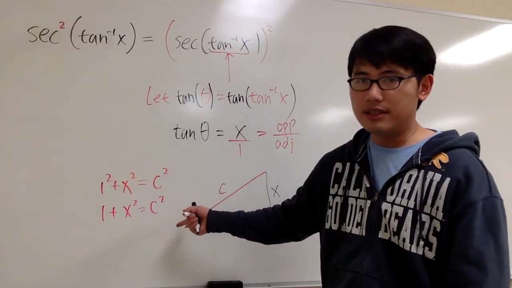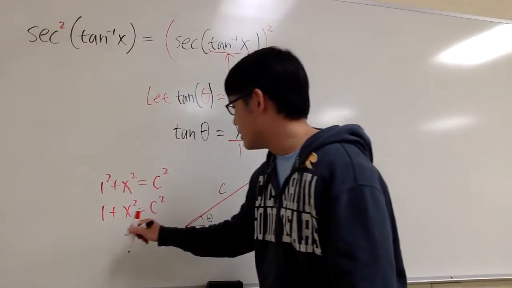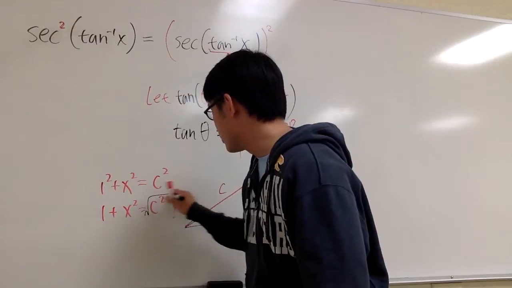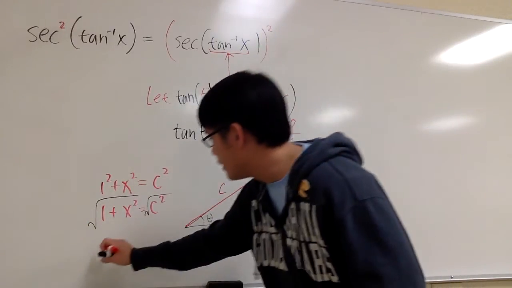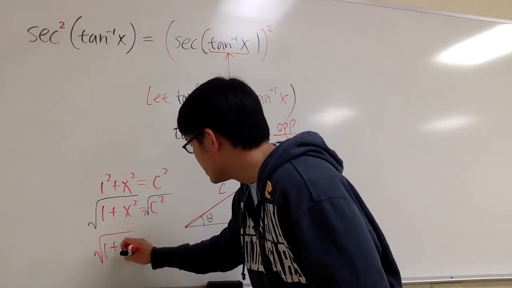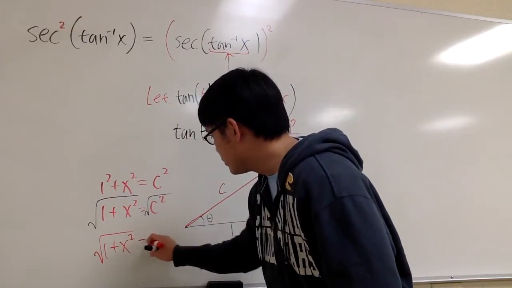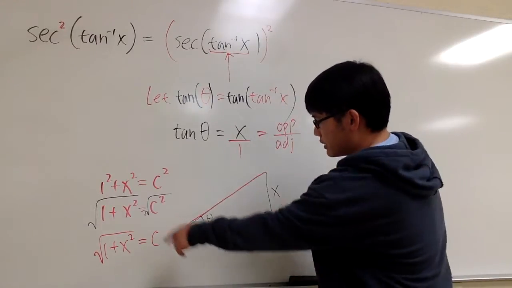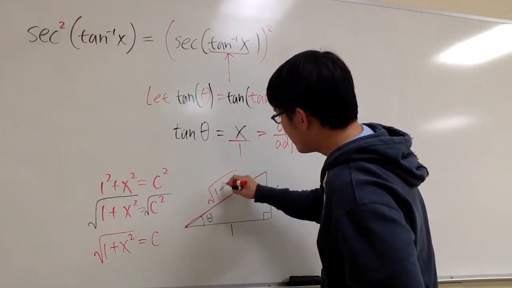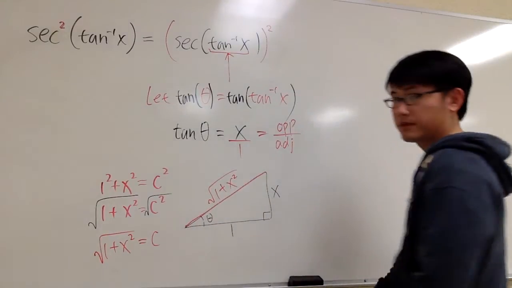To isolate c, I can just square root both sides. Take the positive square root, and we have the square root of 1 plus x squared is equal to c. So in other words, c is equal to the square root of 1 plus x squared.